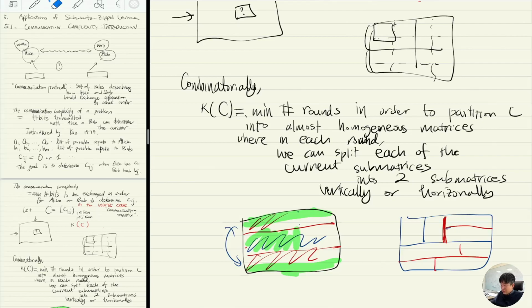So each rectangle we are partitioning at any time. So we are partitioning a matrix in k rounds, where each round you partition each submatrix into 2 submatrices, horizontally or vertically. So the goal is to minimize the number of rounds in order to partition into almost homogeneous matrices.